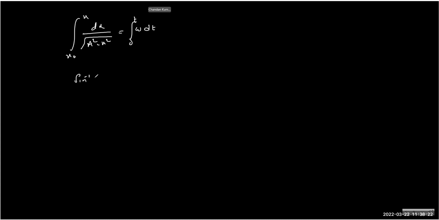This is sin inverse x by a. So we can write sin inverse, and you can understand inverse is the angle value. This is the dimension of angle. These are angles. So the instantaneous angle minus initial angle is omega t.